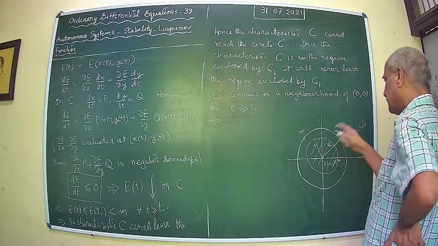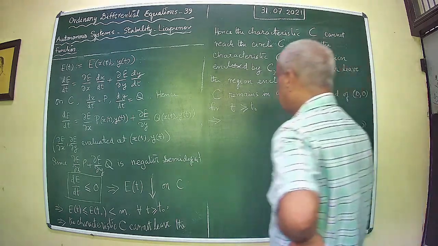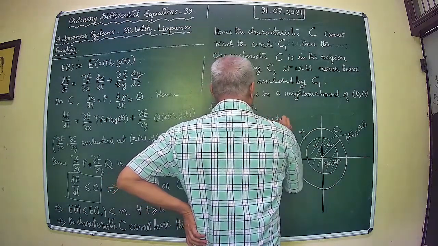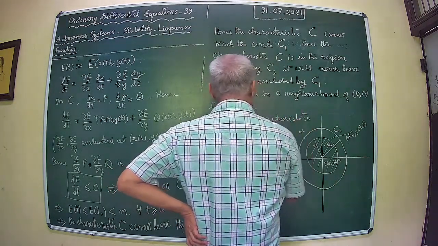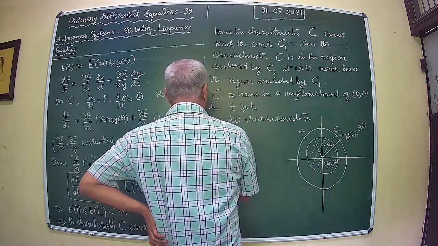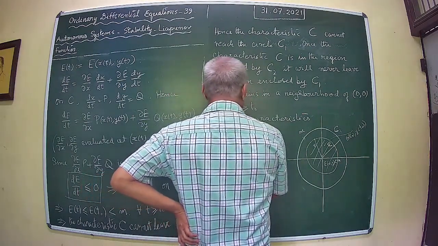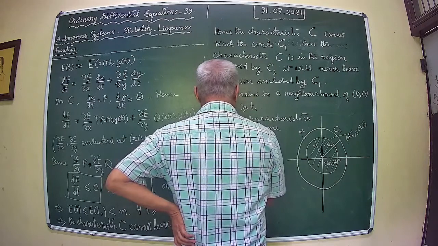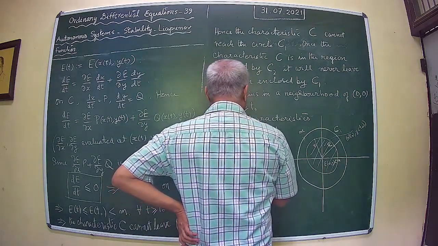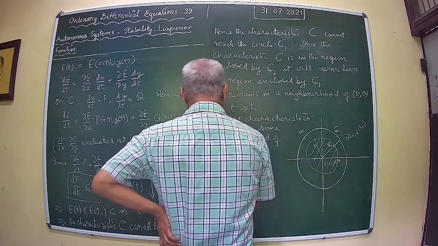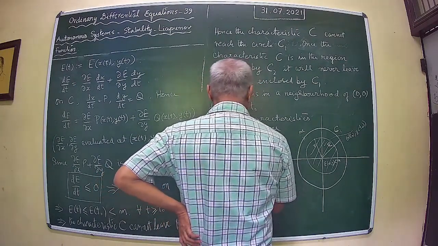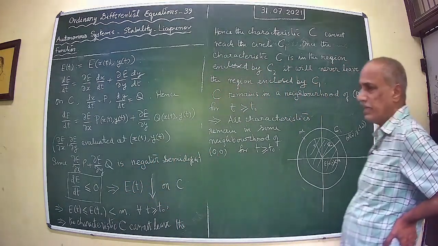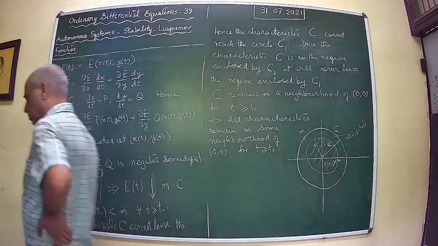For every characteristic you can get this, which implies all characteristics eventually stay in the neighborhood of 0, 0.